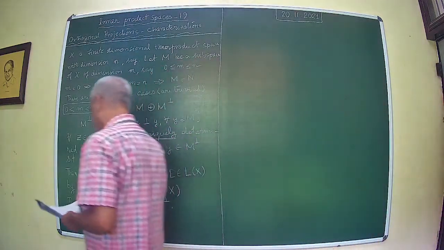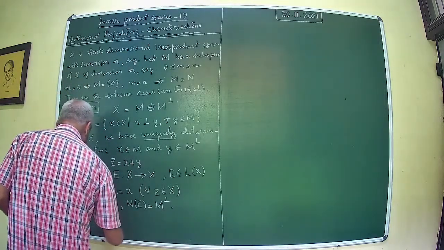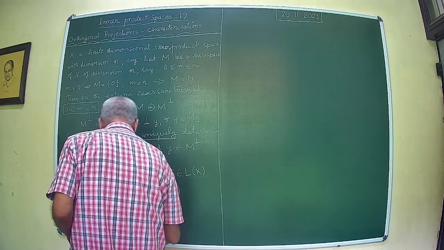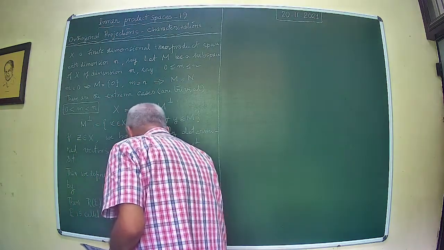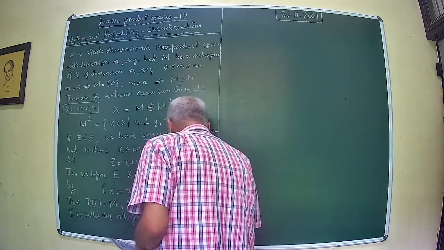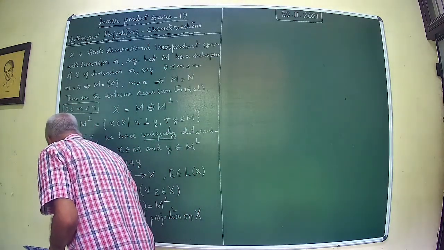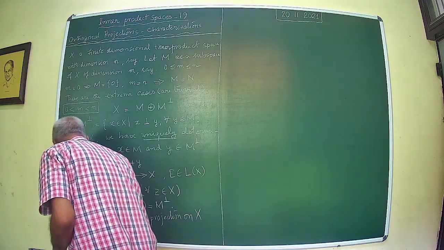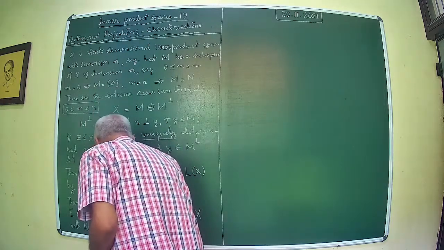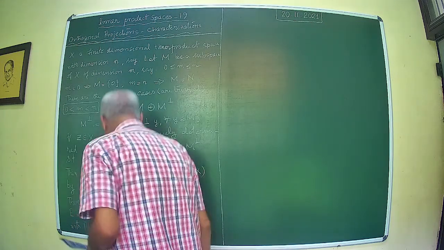Then E is called an orthogonal projection.